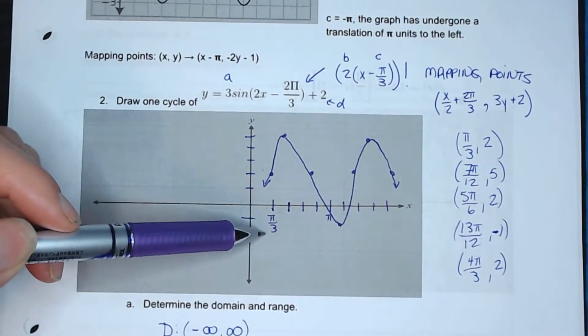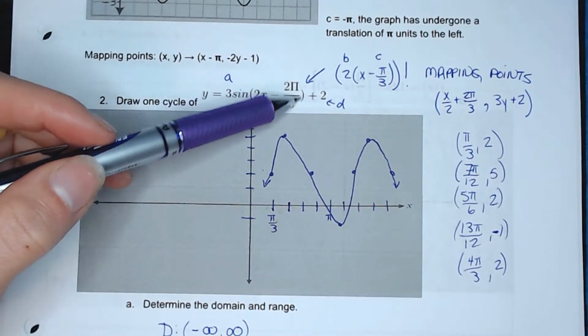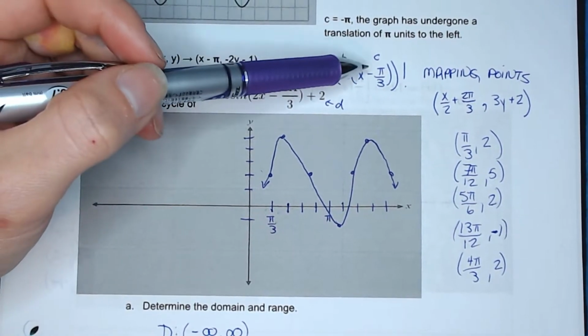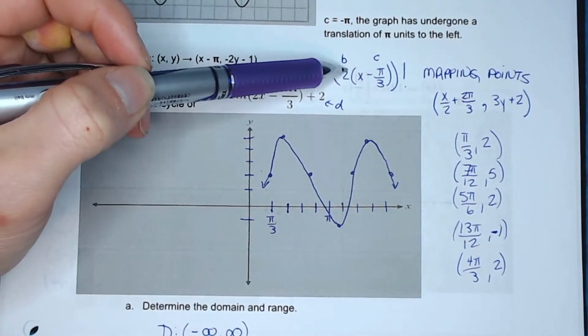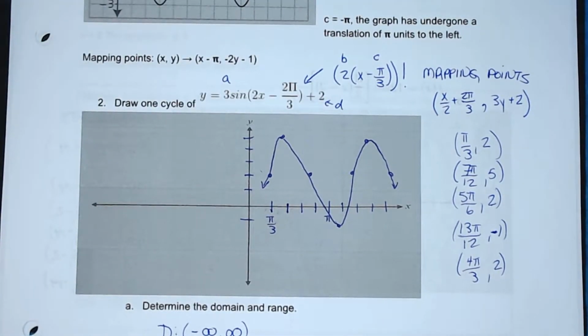If you're looking at the graph going, why is it a pi over 3 shift when it's 2 pi over 3 here? The reason is that when we divide out that 2, all we're left with in that c term is negative pi over 3, which is a horizontal shift to the right.